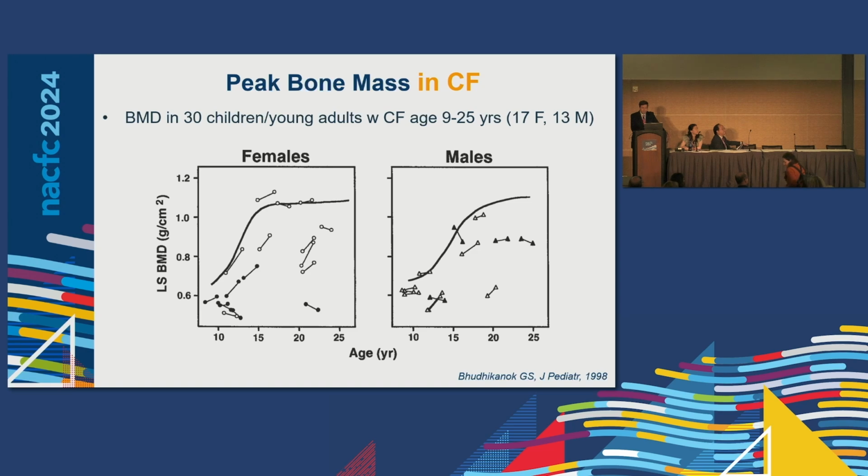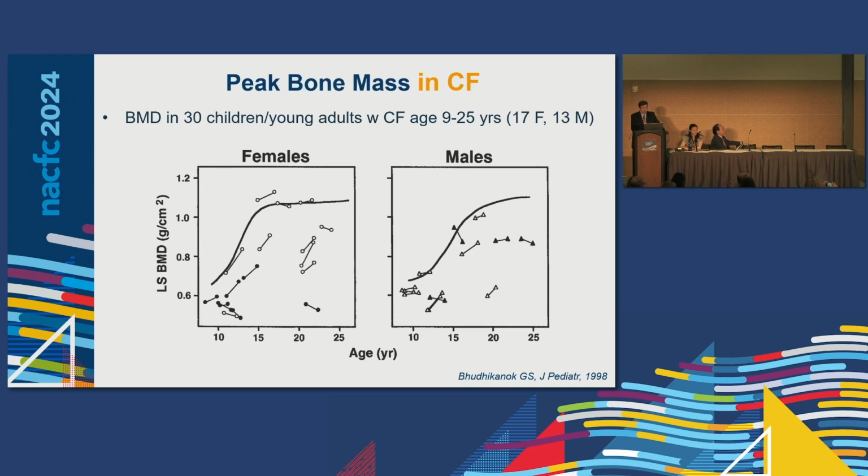Now let's start with the peak bone mass acquisition in cystic fibrosis. This is a study from Stanford that looked at bone mineral density over time in boys and girls, or men and women, aged 9 to 25 with cystic fibrosis. The solid line represents the average for the general non-CF population.